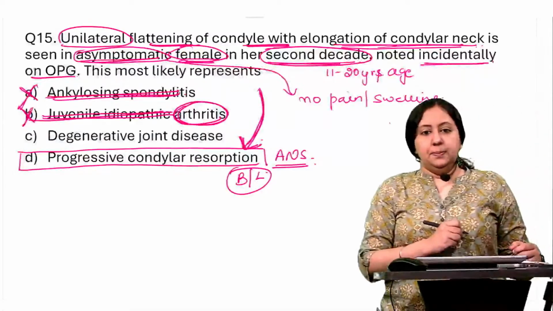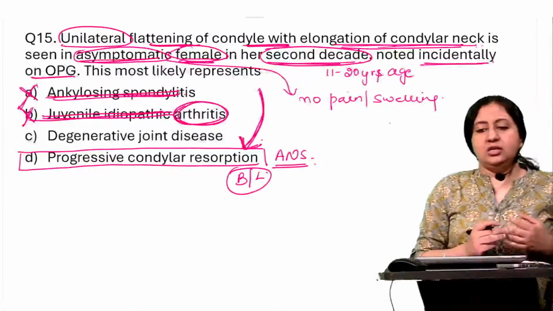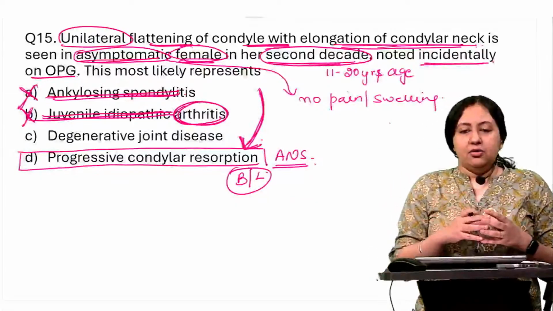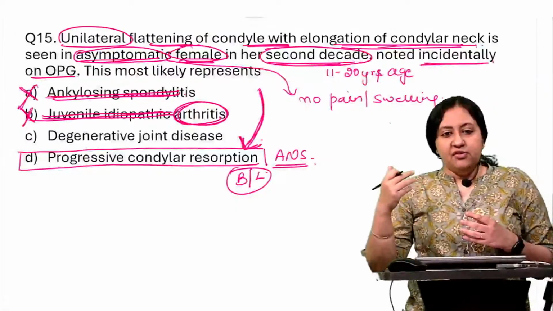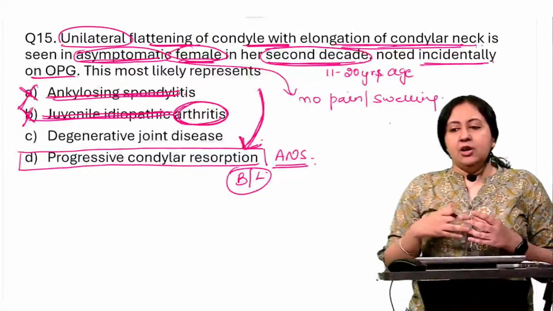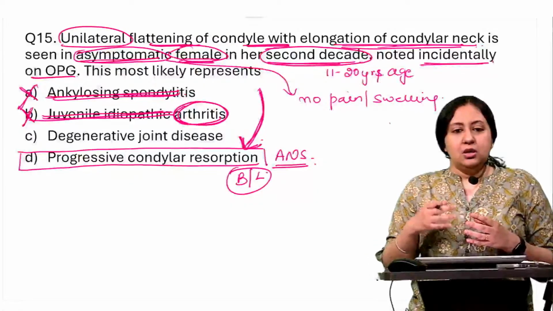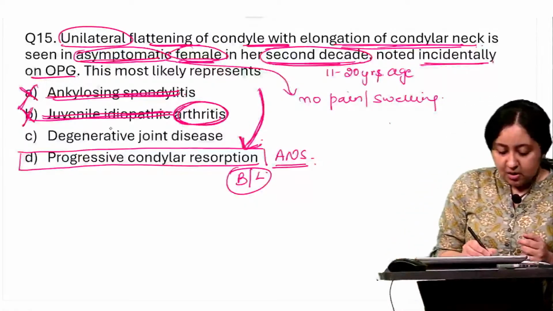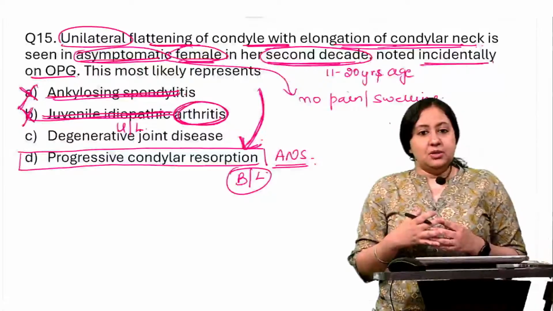Okay. Now, degenerative joint disease, option C. Now, degenerative joint disease can be again due to rheumatoid arthritis, it can be due to some infectious process, it can be due to maybe say tuberculosis. Alright, and degenerative joint disease is also unilateral, but it will be associated with some symptoms.